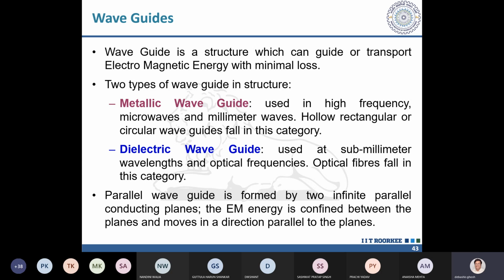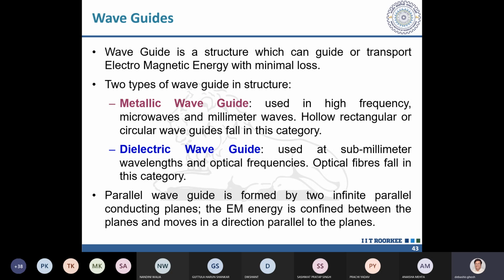Otherwise, we just assume that it is infinitely extended, so there is no reflection or anything when the electromagnetic wave is flowing through. This energy flows in between these two parallel plates. The EM wave will be flowing through it.